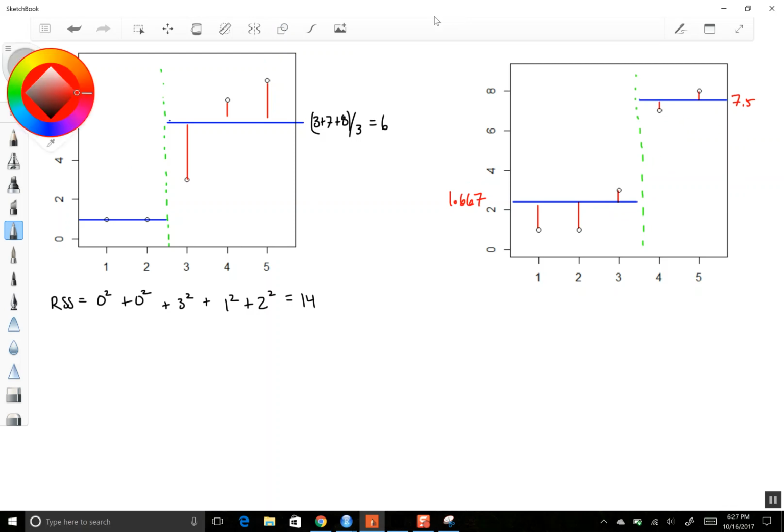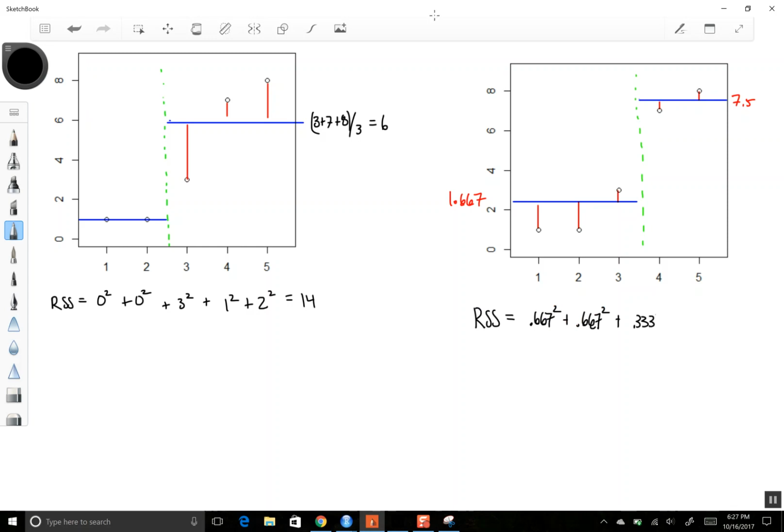So the RSS of these points is going to be 0.667 squared plus 0.667 squared plus 0.333 squared plus 0.5 squared plus 0.5 squared, and when I sum all of that up, I get an RSS of 3.1667.